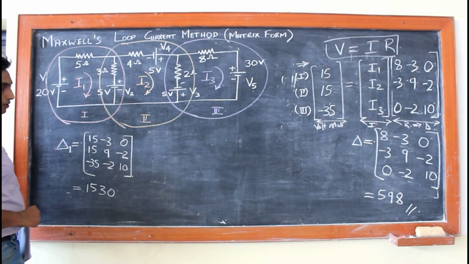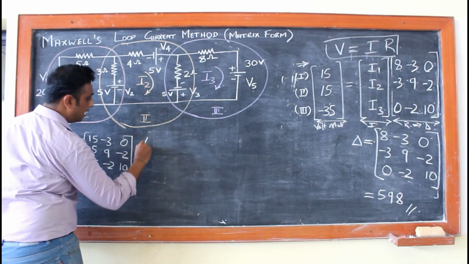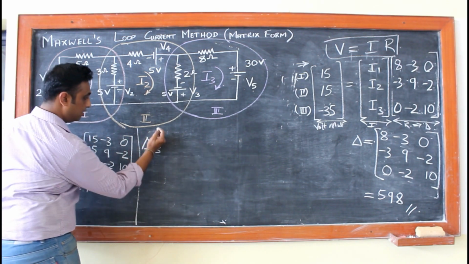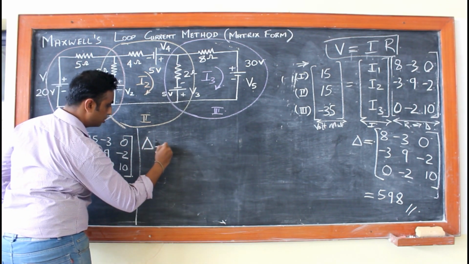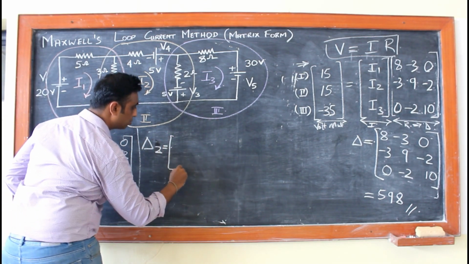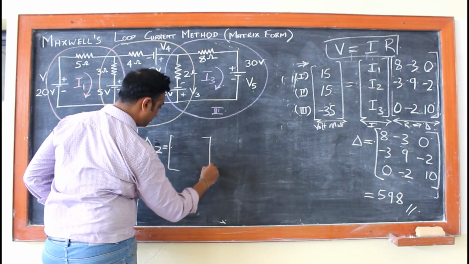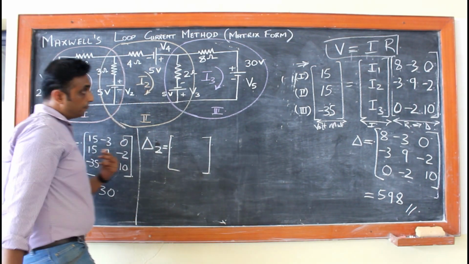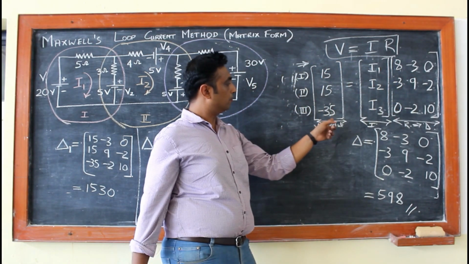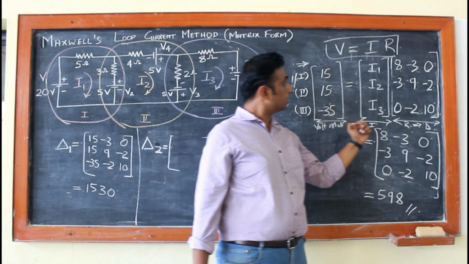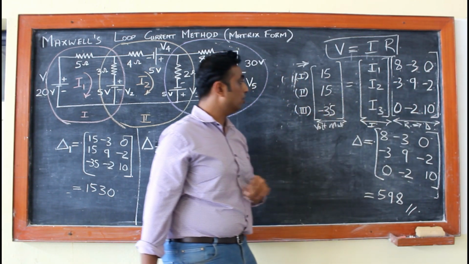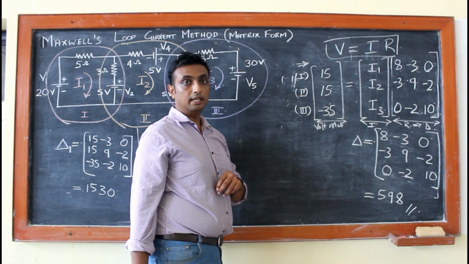In the same way as I got delta 1, I can find out the value for delta 2. Now delta 2 is also similar to your resistance matrix. For delta 1, we replace the first column with the voltage matrix. For delta 2, we have to replace the second column with your voltage matrix.